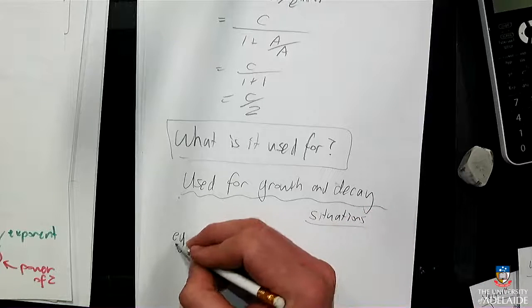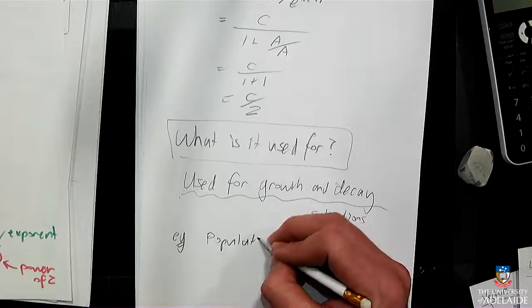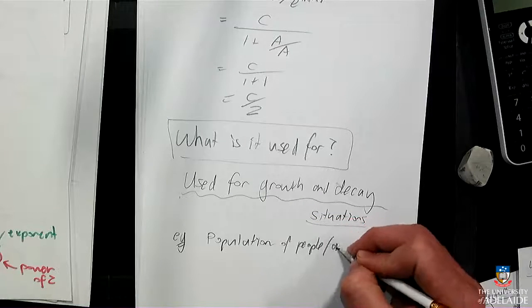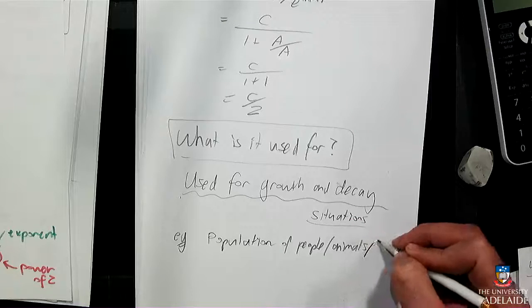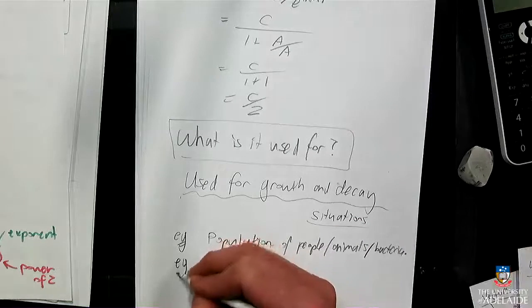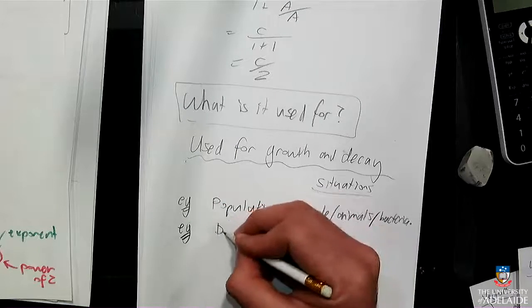So, for example, population of bacteria, decay of radioactive elements.